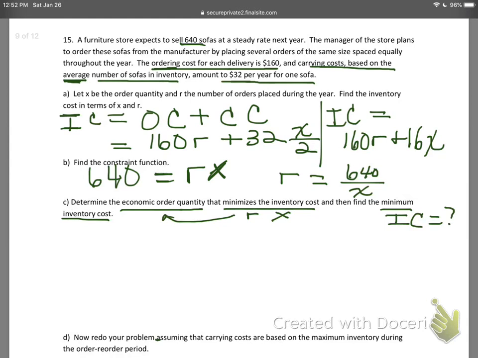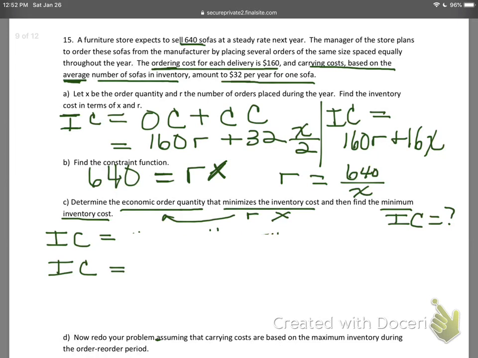Okay, so let's start. Inventory costs equals, so I'm going to use my constraint. I'm not taking the derivative yet. Let me just redo this because I've once again lost my little head.